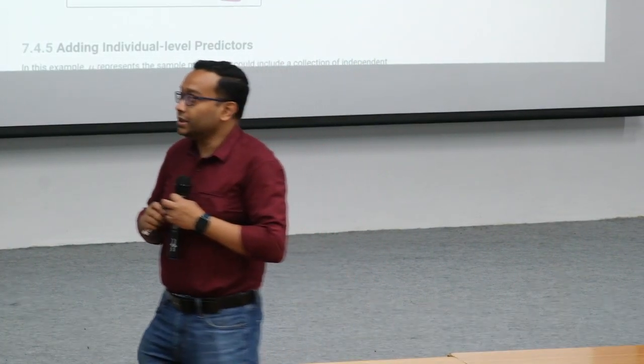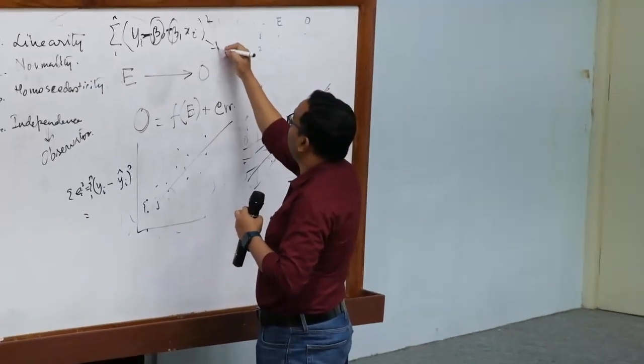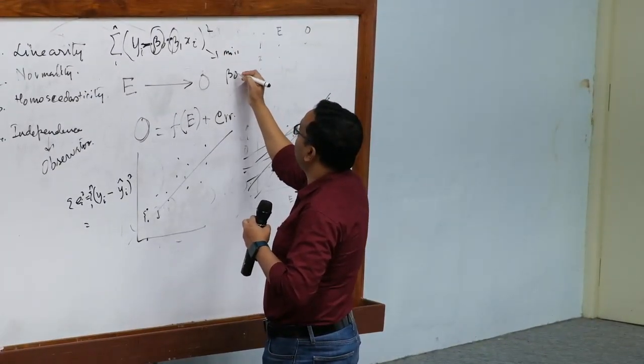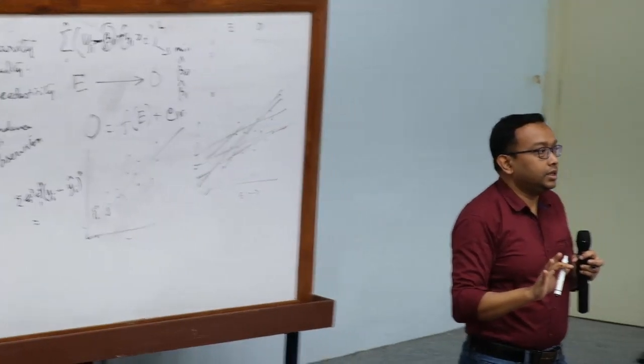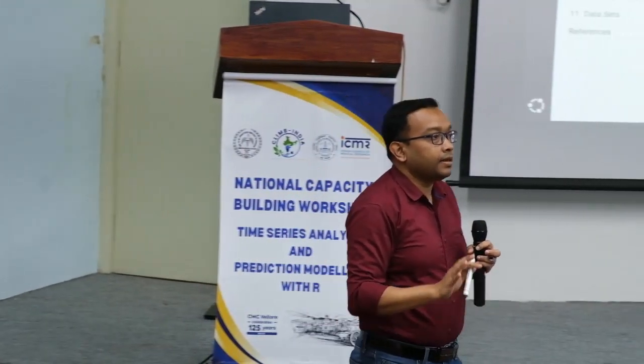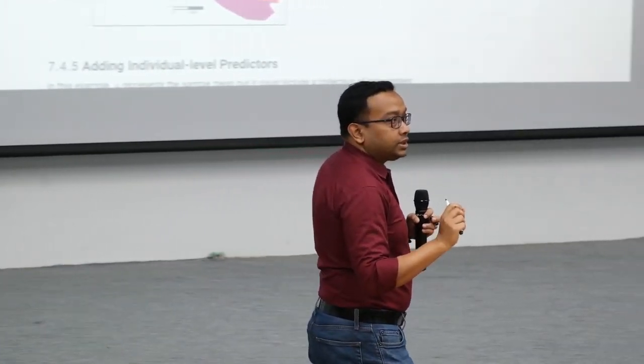If I minimize this, minimizing gives me beta naught hat, beta 1 hat. Any doubts about that? Up to this. So you have got your estimate, which is what? It's an ordinary least square, it's a linear regression. So an ordinary least square estimate of beta naught and beta 1.